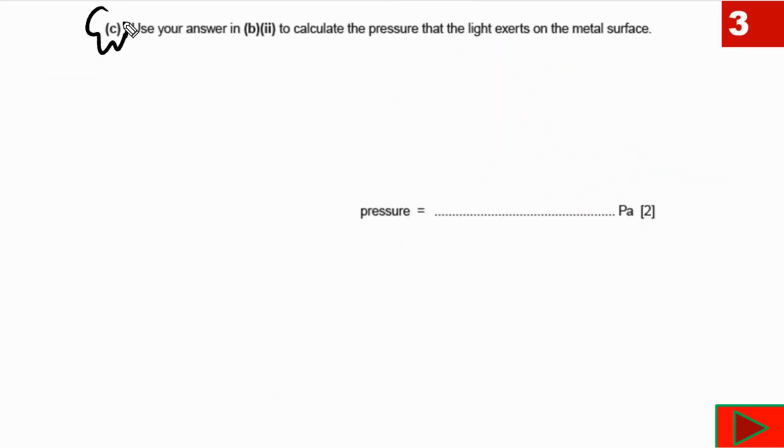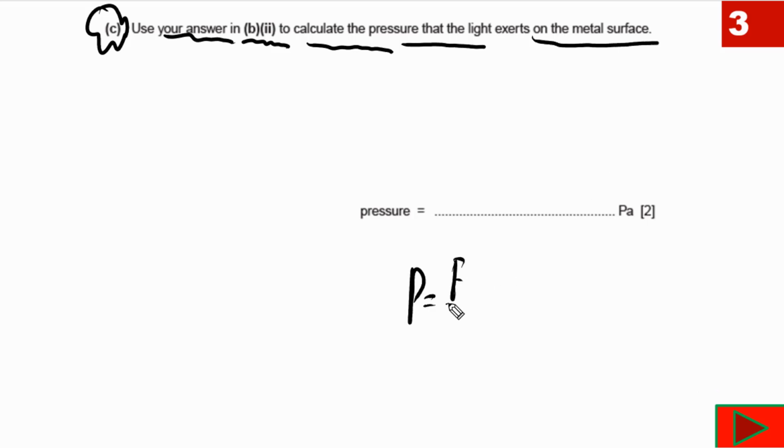For part C, we simply need to use our answer in B2 and calculate the pressure exerted by the light on the metal surface. Pressure, we simply understand, is equal to force over contact area, or simply we can say over area.